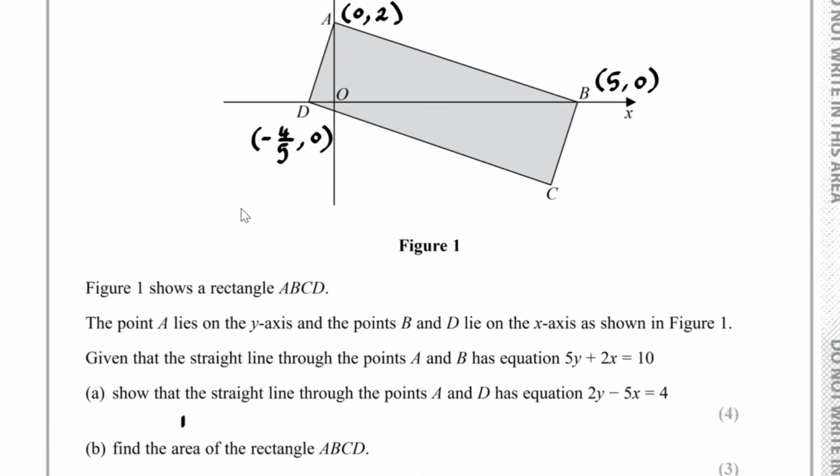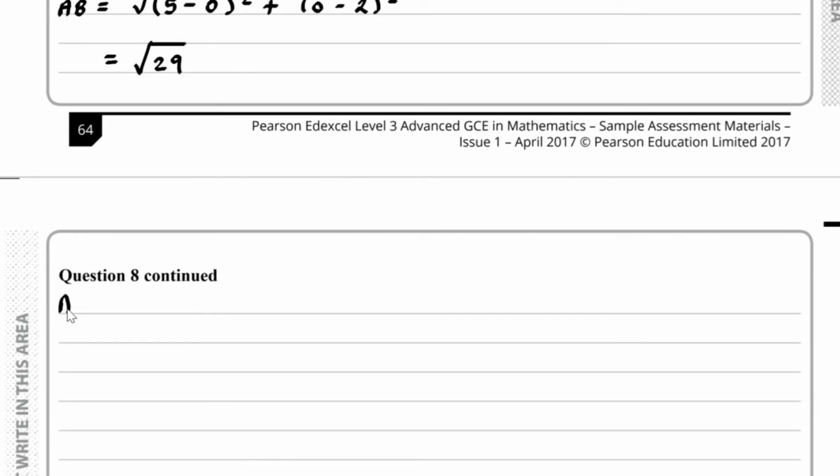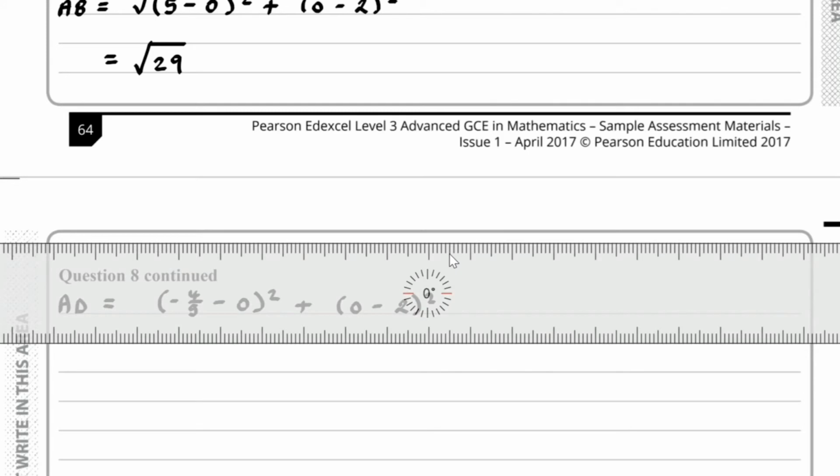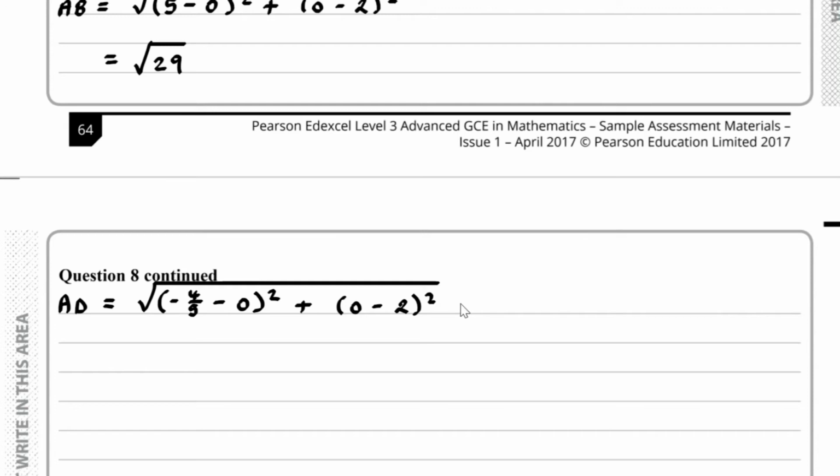And if I find out the length of AD, the length of AD will equal the square root of minus 4/5 minus 0 squared plus 0 minus 2 squared, and it turns out we get 2/5 lots of the square root of 29.